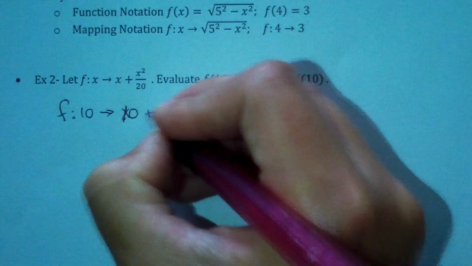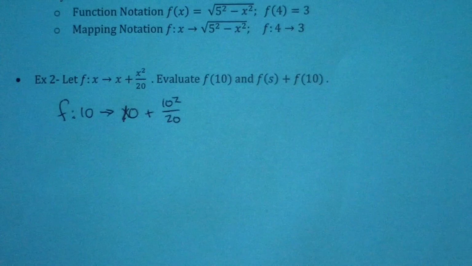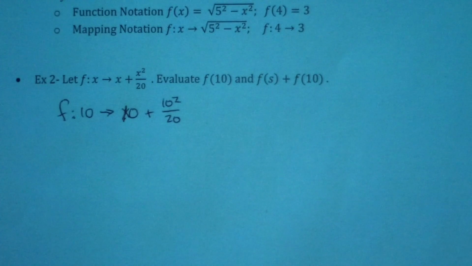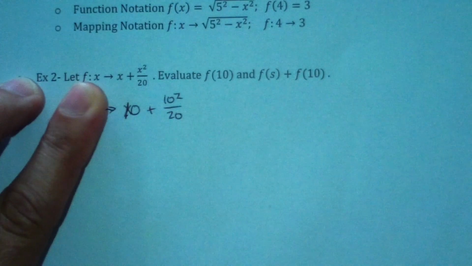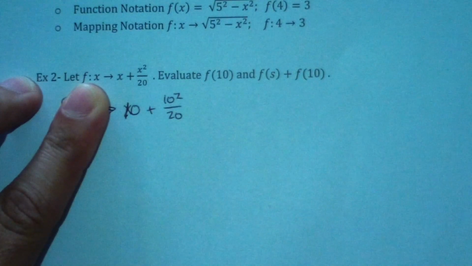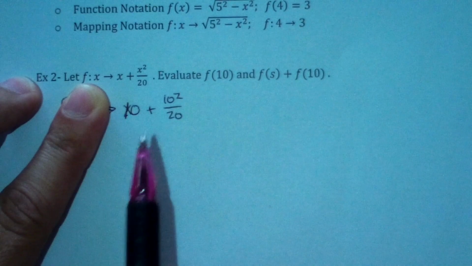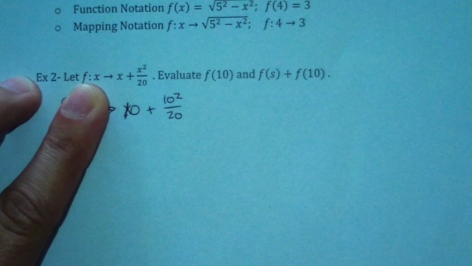Okay, so now what they want us to do is evaluate a couple things and then add them together. We just figured out when it was the 10 in there, so we've got that answer's 15 already, but now we have to plug in where it's an s, and then after we get those two values, we're going to combine them as one. So let's plug it in where it's an s now instead of the x. Even if it's a letter, you still do the same thing.